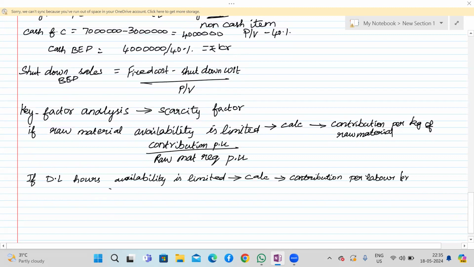That means contribution per unit divided by direct labor hours required for 1 unit.